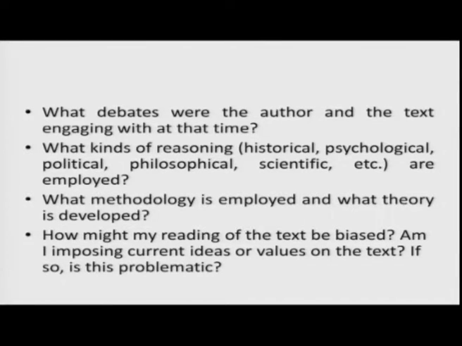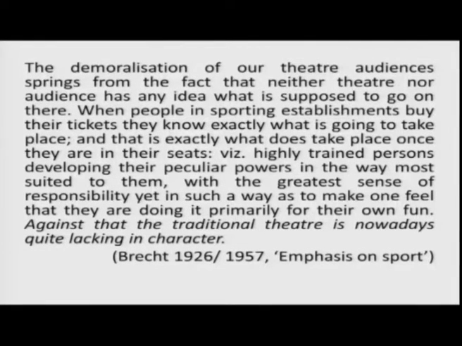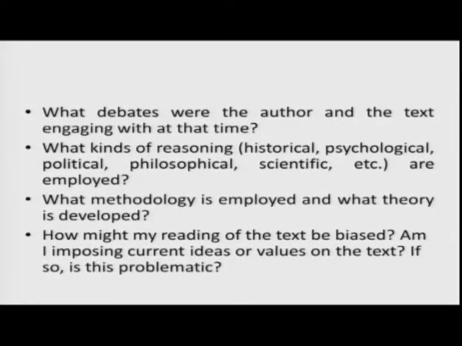He compares theatre with sports and says that theatre has to present things which people like to see. So, this was written, as mentioned, in 1926. Brecht was still struggling with his ideological conflicts, and he was working on a theory of theatre.